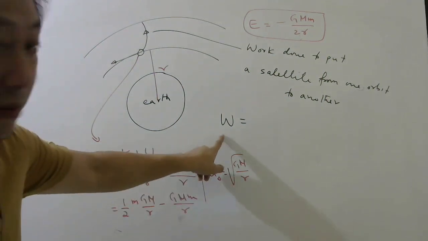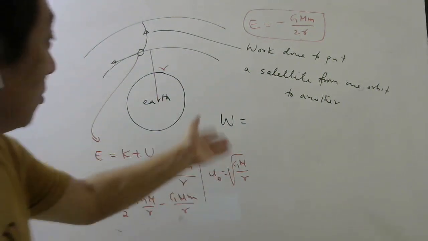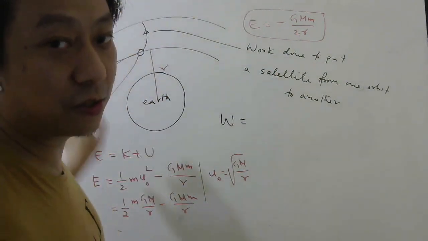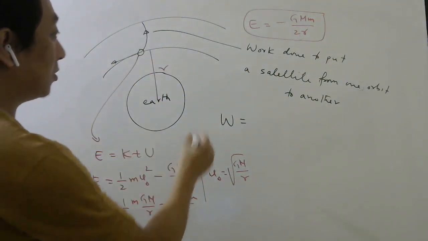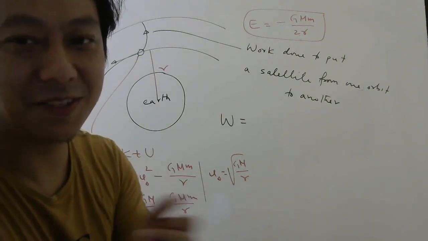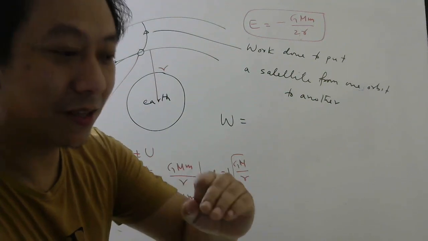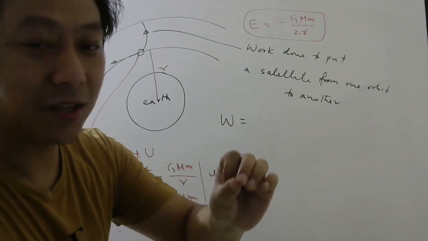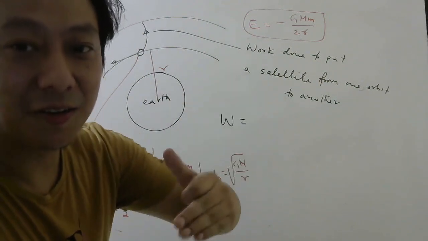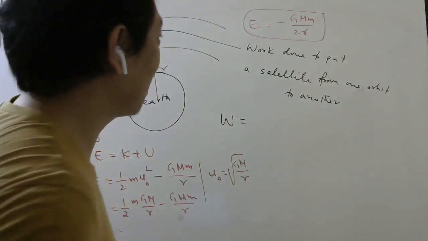So to find the work done, because kinetic energy is also changing, potential energy is also changing. If you want this to be in the orbit, it has to revolve only. So this is similar to the problems in chemistry, which in physics we will do in the atoms chapter, energy required to take the electron from one orbit to another orbit. So you have to subtract the energy of the electron in the two orbits.